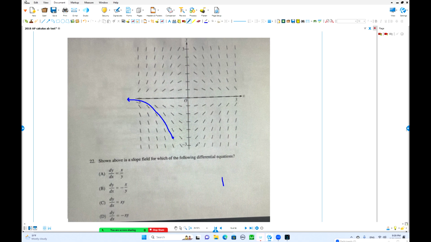If you start over here, you follow the slope. That's the solution, the graph of y equals f of x. So when x goes to infinity, y gets close to 0, because the slope is 0 over here. Are you okay with this?